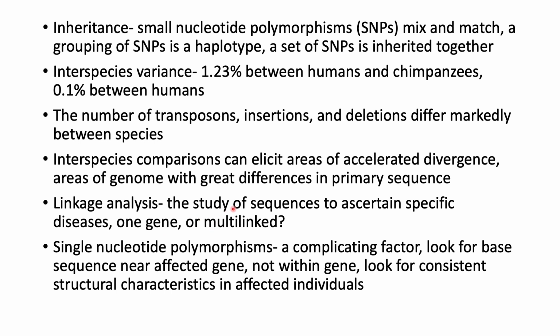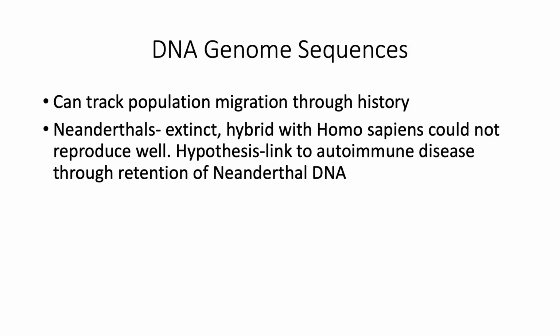A lot of diseases are multifactorial, some such as sickle cell anemia are a single point mutation in a valine residue in hemoglobin. You also have single nucleotide polymorphisms. These are a complicating factor, and you're looking again at the base sequence near the affected gene, not within the gene. You're looking for consistent structural characteristics in affected individuals.